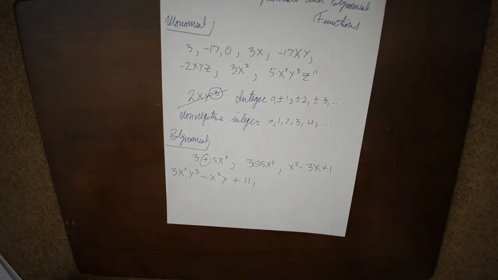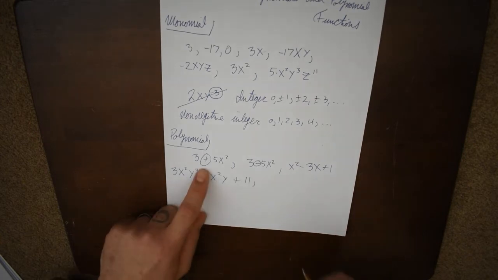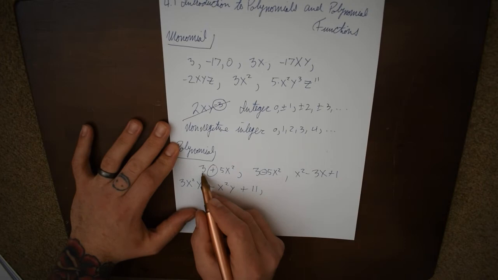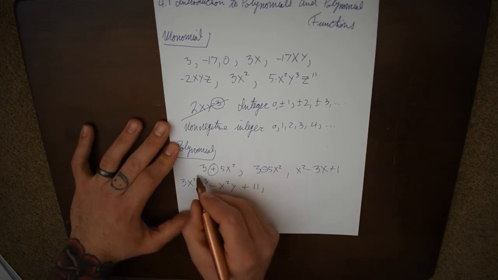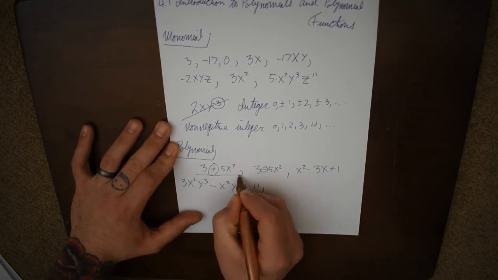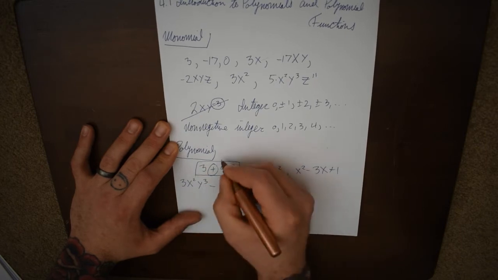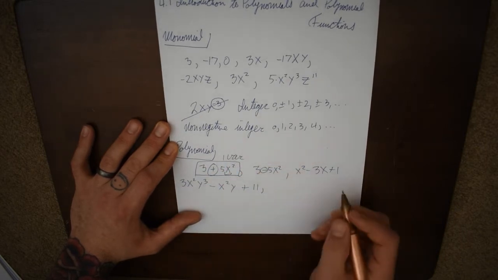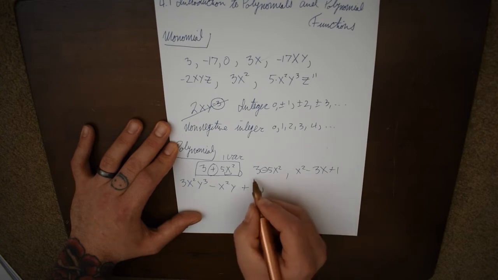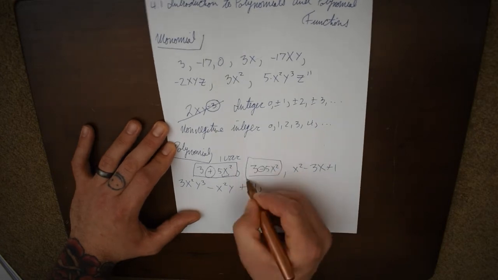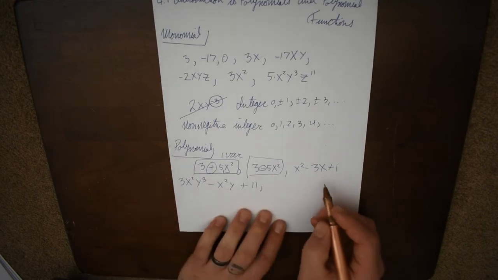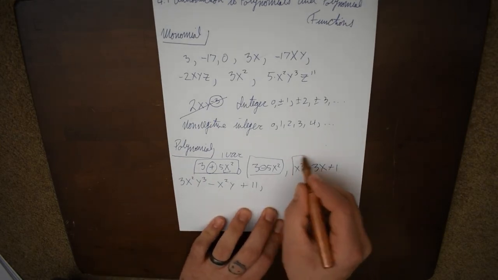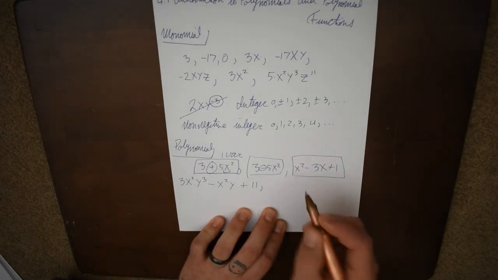We can also talk about polynomials in different amounts of variables. So 3 plus 5x squared, we can consider that a polynomial in one variable, because there's just x's in it. This is also a polynomial in one variable. We just changed the plus sign to a minus sign. And this polynomial is also a polynomial in one variable.